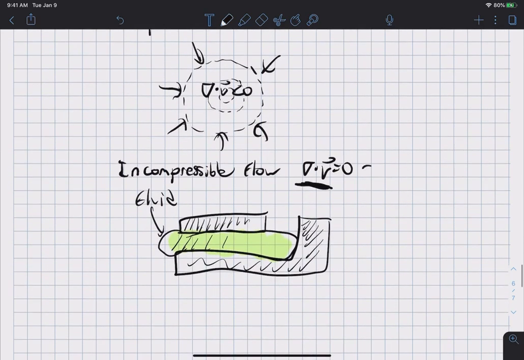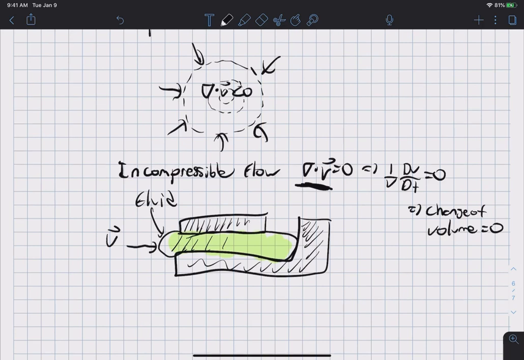Okay, so this implies that 1 over v dv dt is also equal to 0, which implies that the change of volume is equal to 0. And so what this means is that, say I take my finger and I push the fluid over here, and I push it that way, what is going to happen is the volume cannot change. So in other words, that fluid is going to go spurting out.